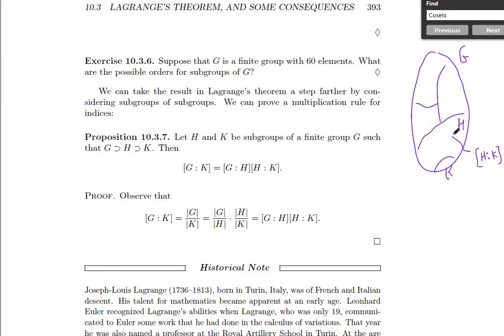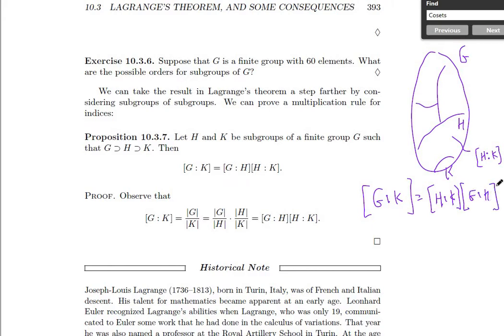Each one of those cosets of H will have H : K cosets of K. So the number of cosets of K in G is equal to the number of cosets of K in H times the number of cosets of H in G.